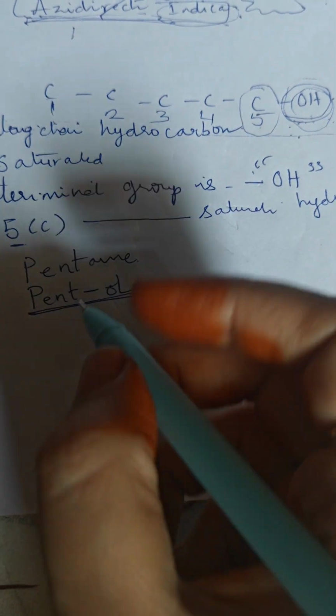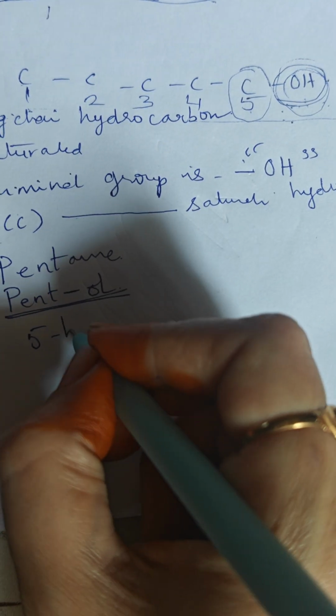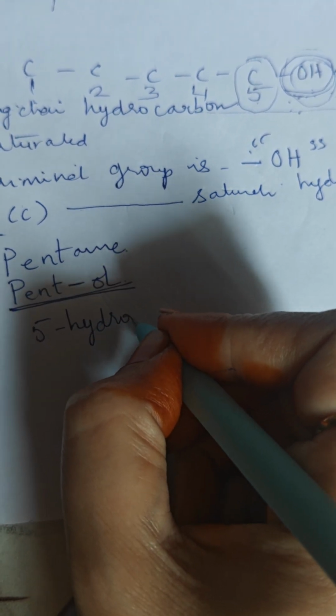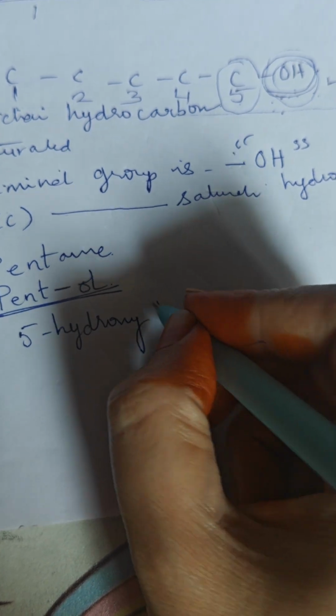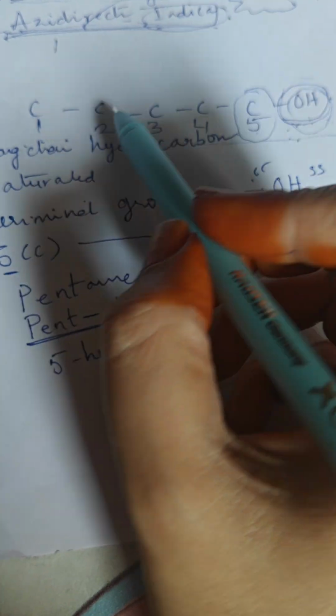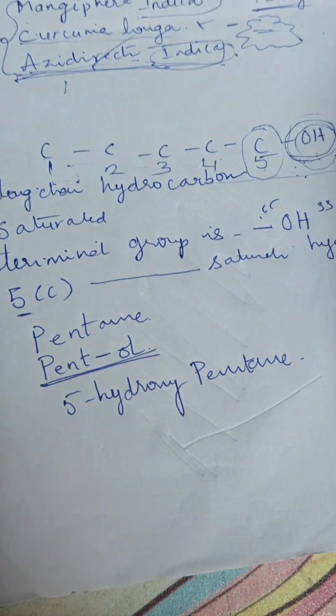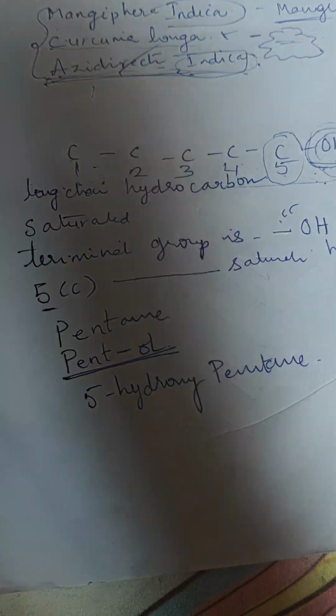or else 5-hydroxypentane. This is the long chain, the parent chain, and this is a group which is called the functional group.